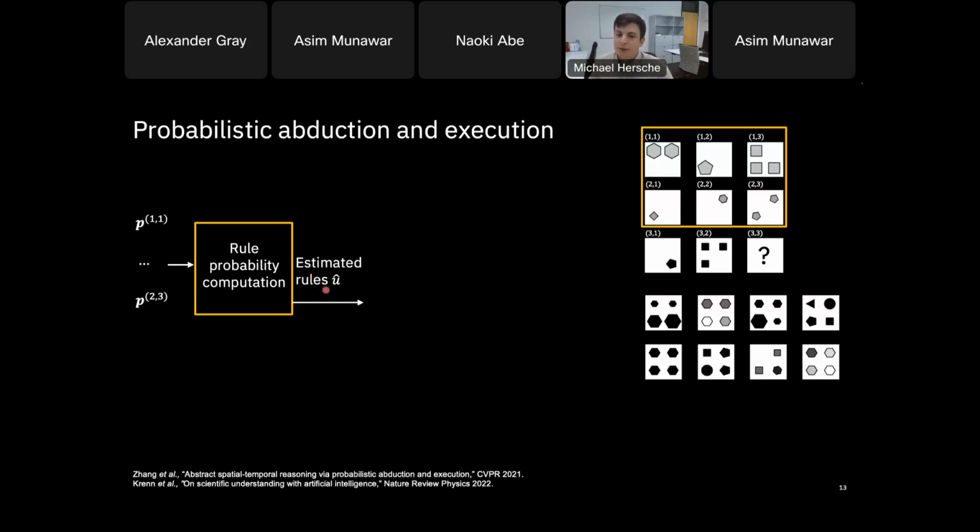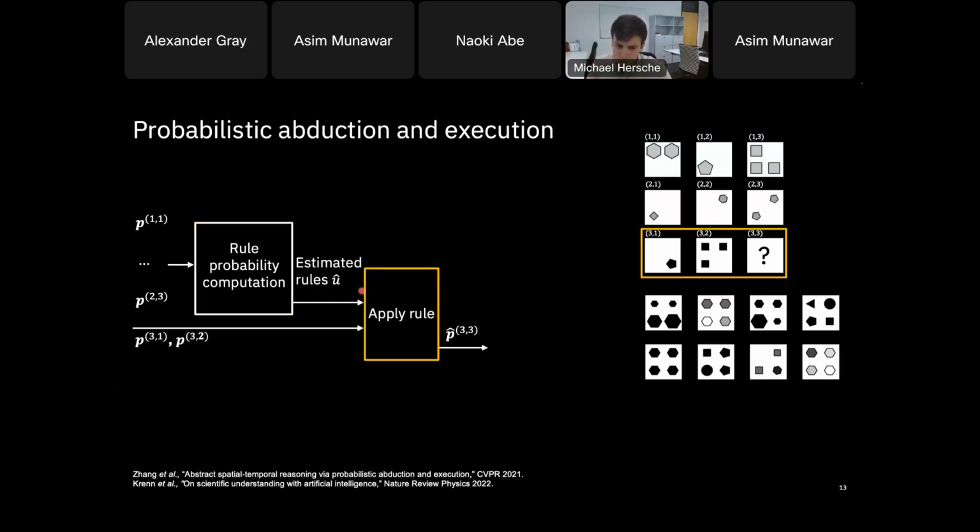Afterwards, we estimate the rule by, for example, taking the one with highest probability or highest confidence. And with the selected rule, we can then apply it at the bottom row in order to get an estimated probability distribution of the empty panel at the bottom right.